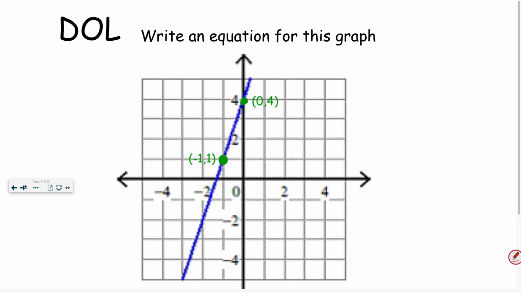For your DOL, write an equation for this graph. We're not discussing it, we're not working together. You can write it on the paper from yesterday. We're all working alone on our DOL.